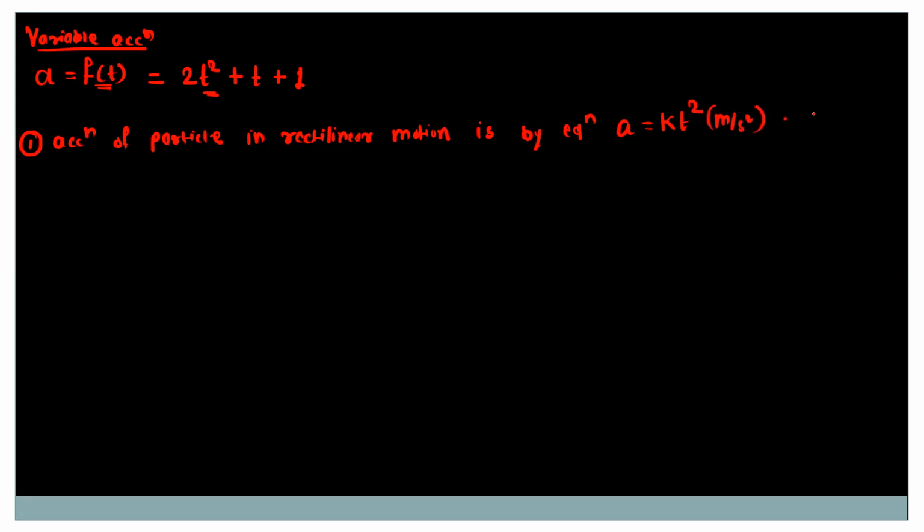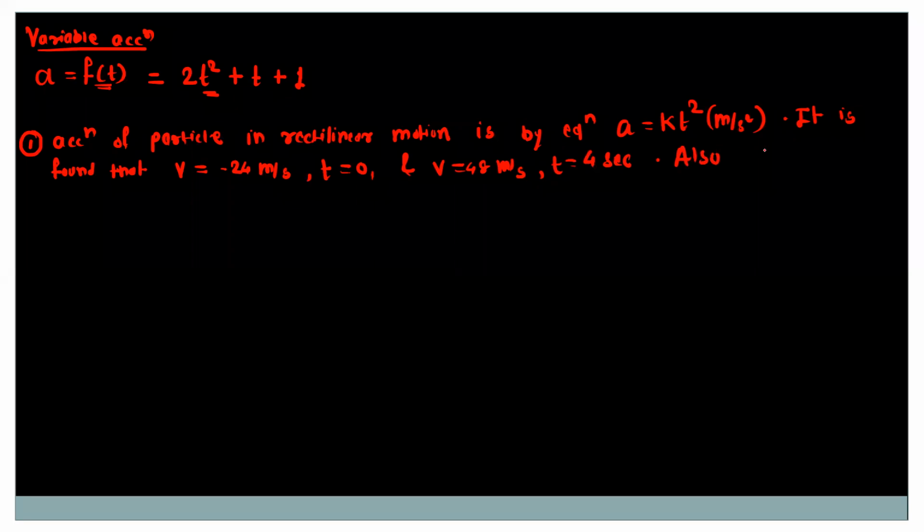It is found that when v is equal to minus 24 meter per second, t is 0, and v is equal to 48 meter per second, at that instant t is equal to 4 seconds. Also x is equal to 0 at t is equal to 3 seconds.